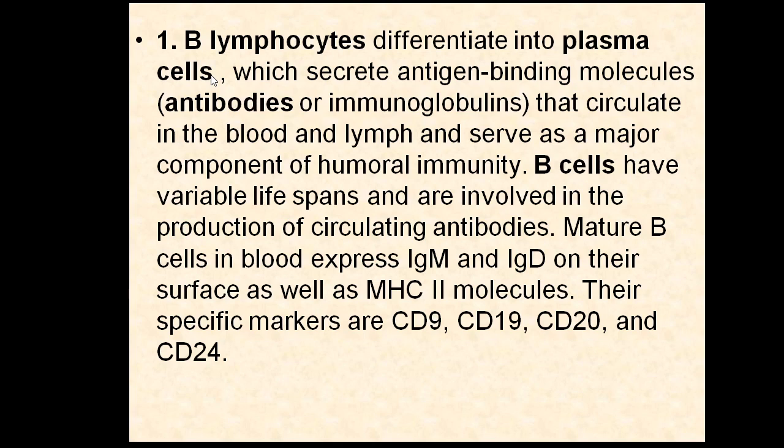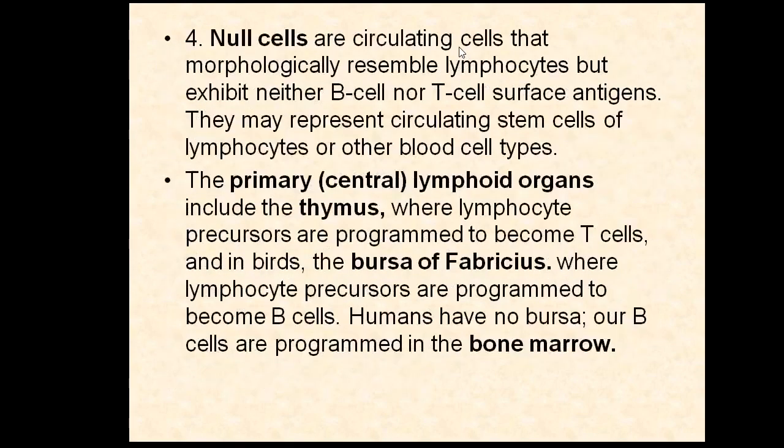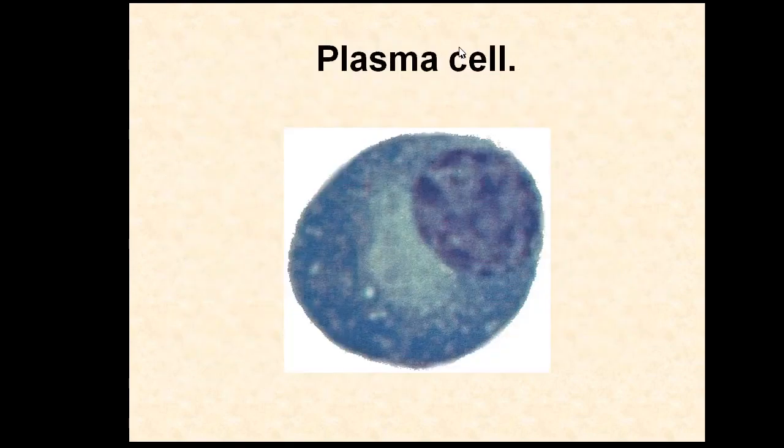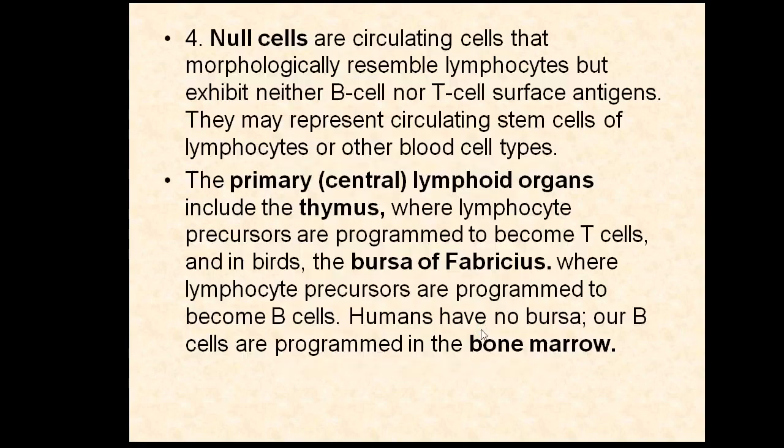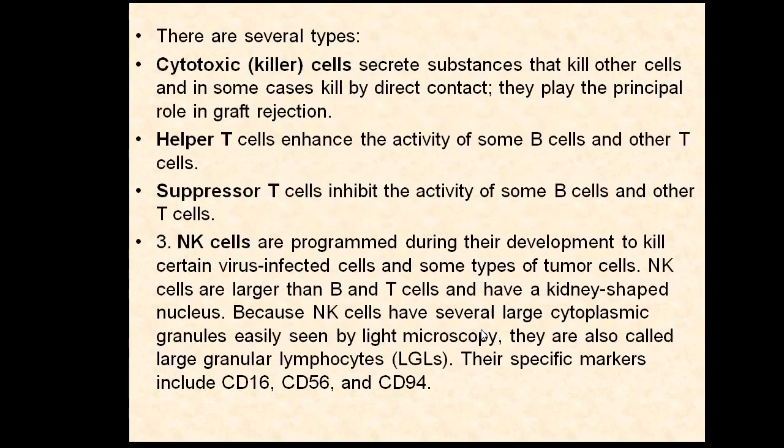Stimulated B lymphocytes differentiate into the plasma cell, which goes to the extracellular matrix outside the blood vessels, then to the tissues around the vessels. Now you see the plasma cell. Plasma cells can produce so-called antibodies or immunoglobulins.